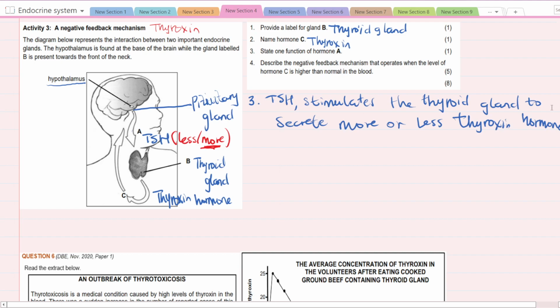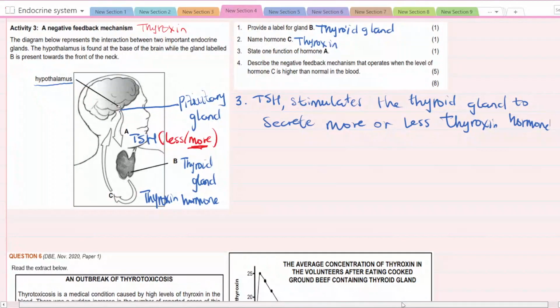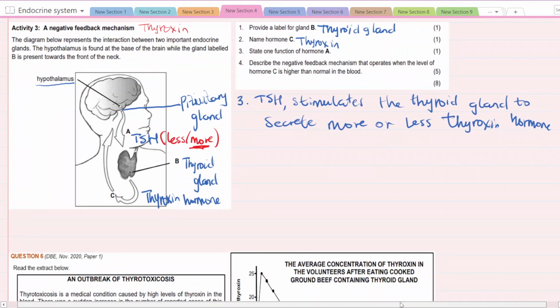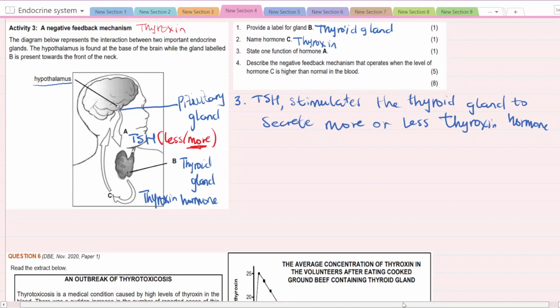So you must be in a position to be able to explain that. It's very important to explain that it is your TSH, because some learners mix them up. So pay very close attention.